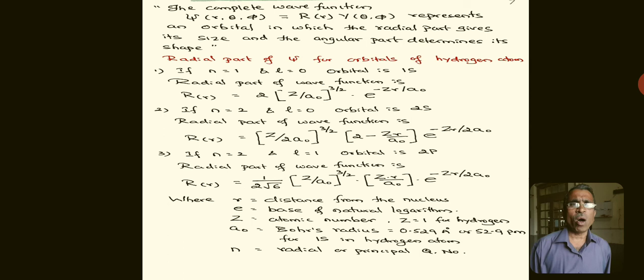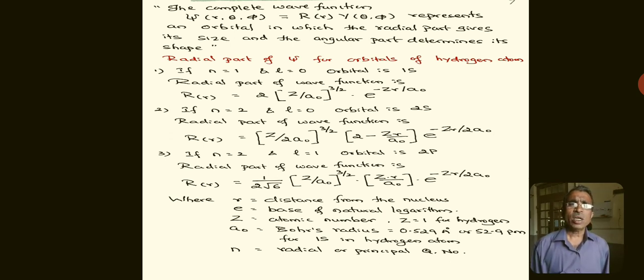where r is the distance from the nucleus, e is the base of the natural logarithm, and Z is the atomic number. For hydrogen, Z is equal to 1.